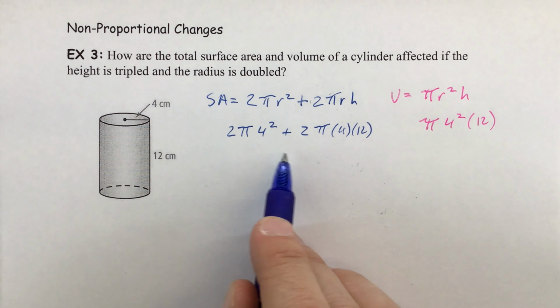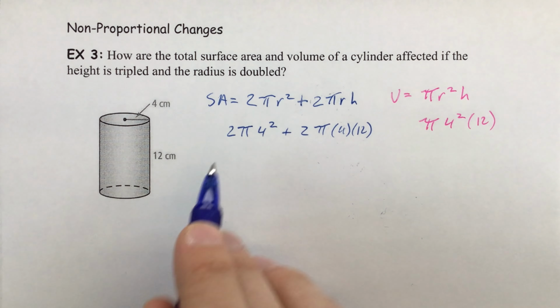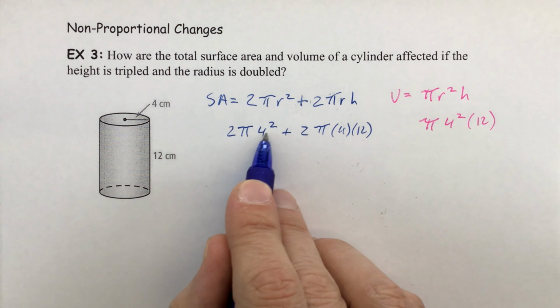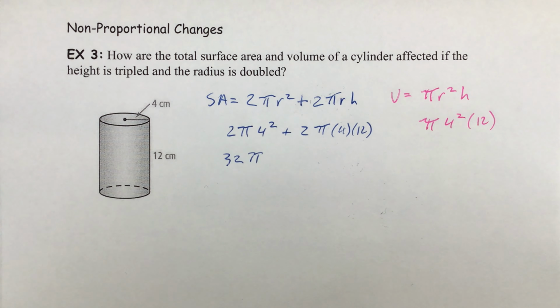And in fact, I'm going to keep everything in terms of pi, because in a little while, what we're going to do is take the new surface area and the new volume and divide those by the old surface area and the old volume. Okay, so by leaving it in terms of pi, it should make the numbers look a little bit better. All right, now calculating these, we have 16 times 2, which is 32. So I'm going to call that 32 pi.